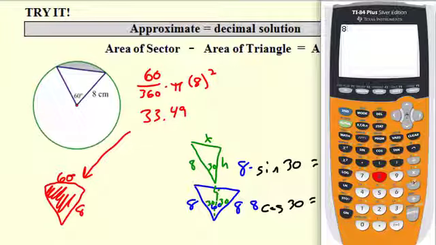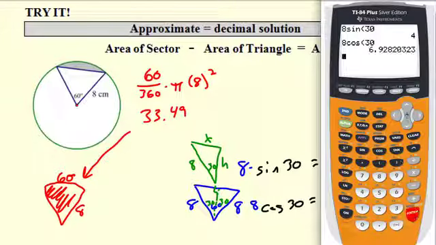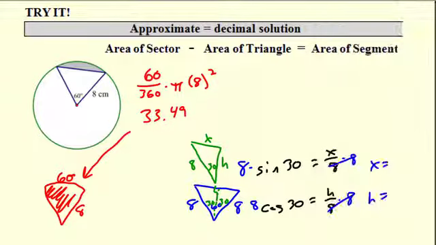And maybe you know it because you recognize this is a special triangle, but if not, no worries. 8 times the sine of 30. Aha, it is 4. And what is 8 times cosine of 30? Should be 4 radical 3, which is 6.928. So we've got 6.9, let me round it to 3.